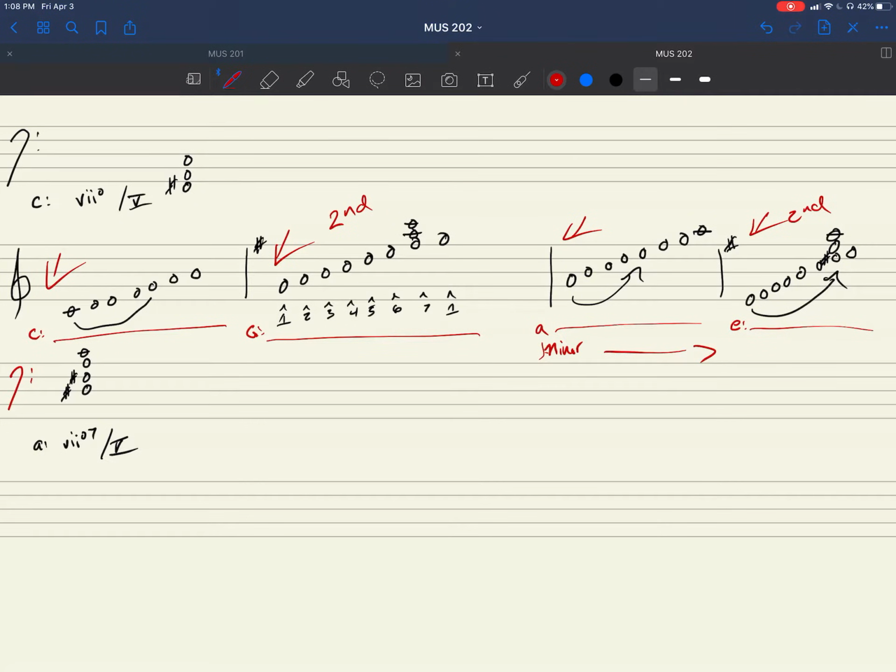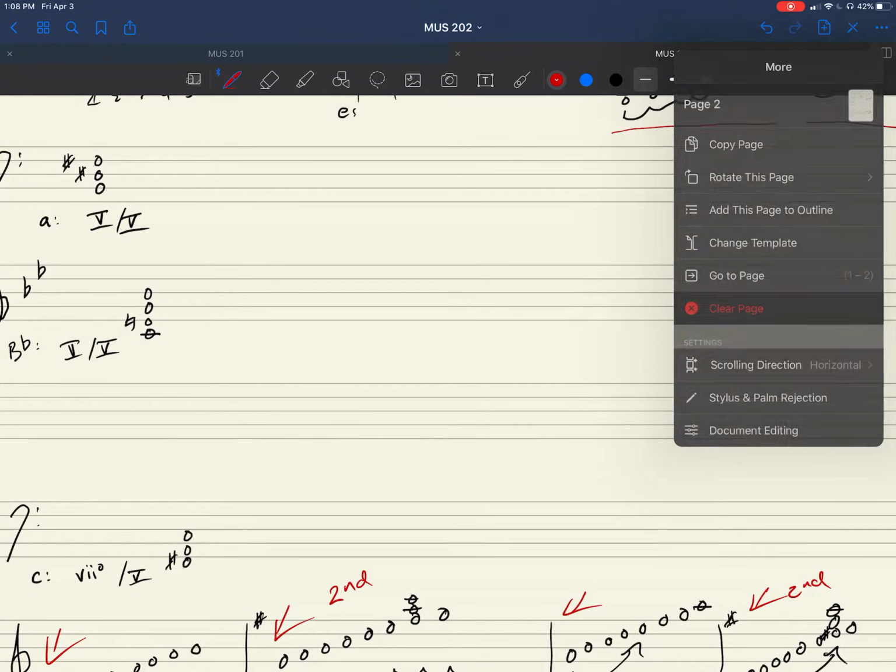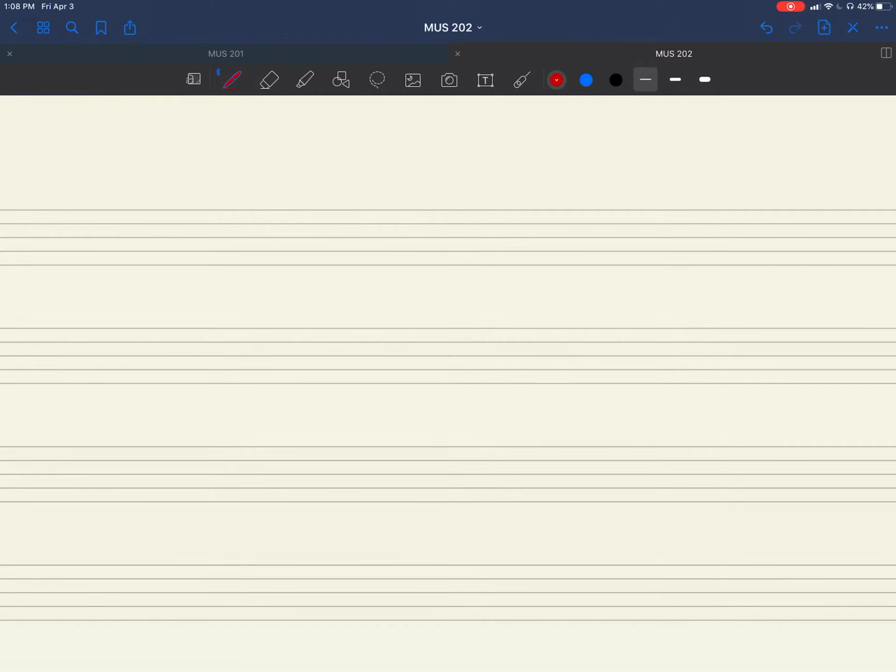All right, so let's go ahead and talk a little bit about how to resolve these chords. So I'm going to clear all this so we can start over. Okay, so when you need to resolve a secondary dominant, let's just go ahead and take A major. The first thing you have to do is you need your grand staff. So I'm going to go ahead and create my grand staff.